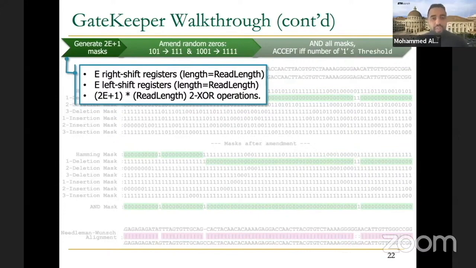Now for the shifted masks, the deletion and insertion masks, you need a shift operation first, and then you can do the XOR, right? And it's up to you to leverage the shift operation you applied earlier to the query. Once you shift by 1 step and do the XOR, you can shift it again by 1 step to do the 2-deletion mask.